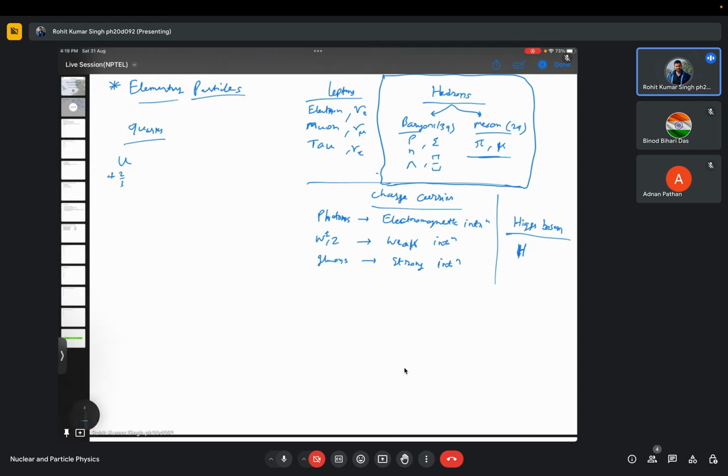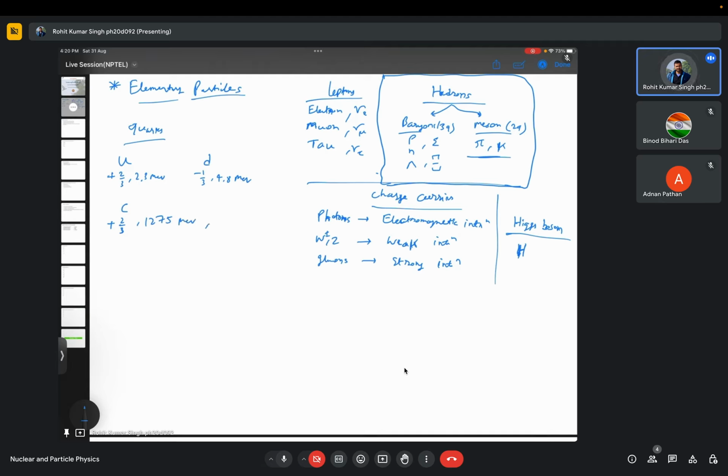plus 2/3, and its mass is about 2.3 MeV. Then we have the down quark, charge -1/3, mass 4.8 MeV. Then we have the charm quark, again 2/3 charge, but its mass is 1275 MeV.